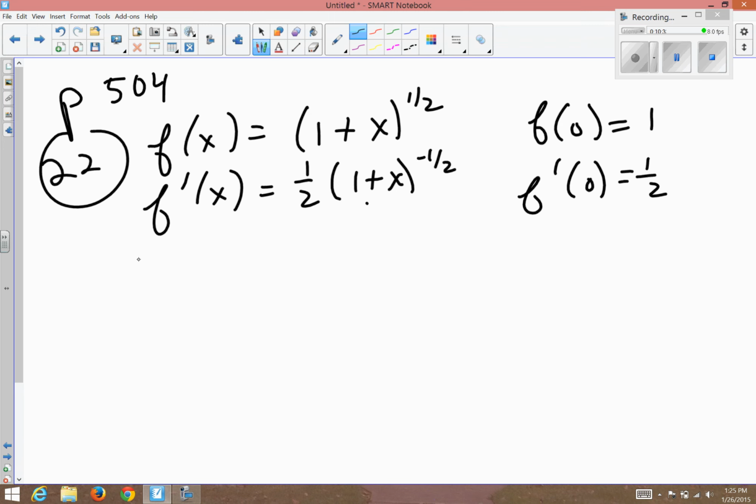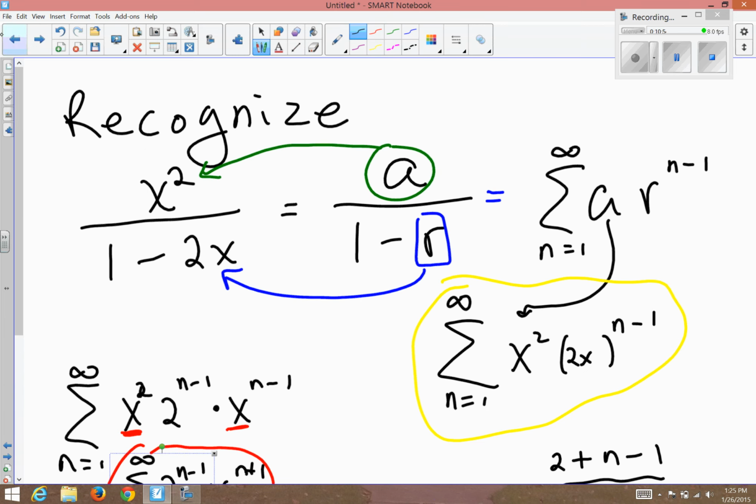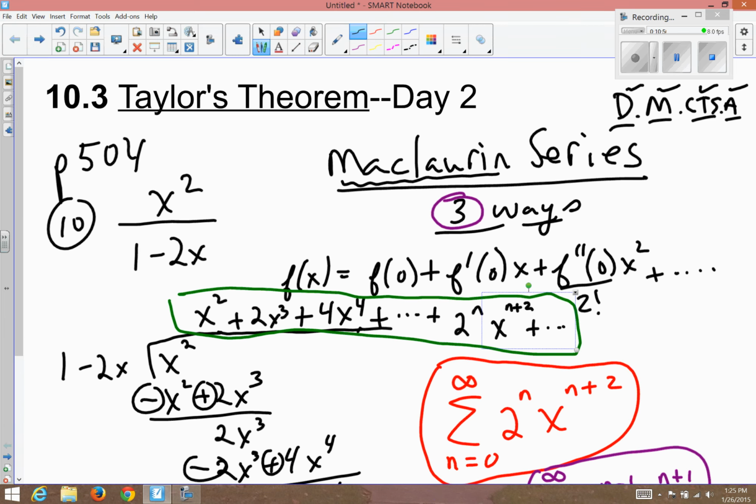So the function, any function, can be approximated by a Taylor polynomial of whatever degree I want. Let's say I want degree 1, which is f of 0 plus f prime of 0 times x. It's just the very beginning of what we were talking about here.